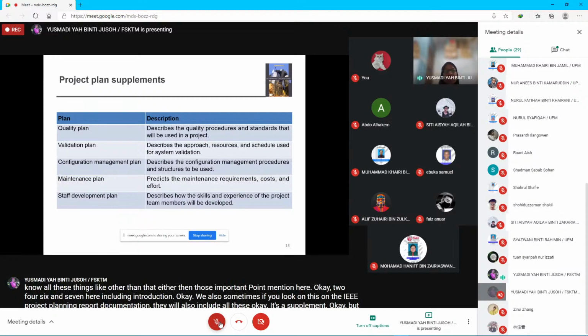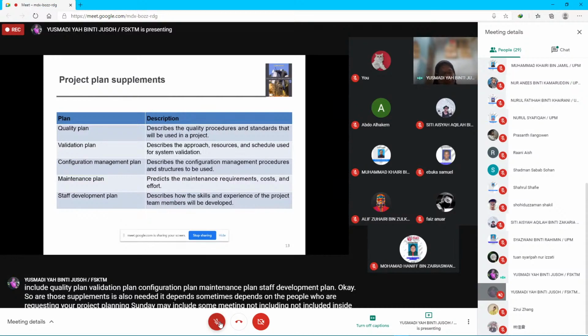They also include a quality plan, validation plan, configuration plan, maintenance plan and staff development plan. Those supplements are also needed. Sometimes it depends on the people requesting your project planning; some include them, some don't. If you ask me, the quality plan is very important, and the validation plan too.